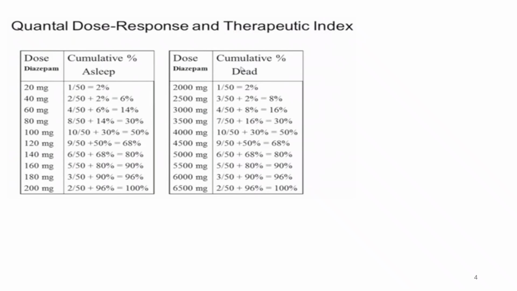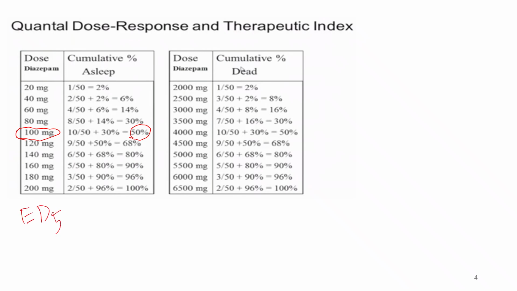So here is an example. When you see diazepam, by increasing the dose, we can see how many animals get sleep, because diazepam is a sedative medication. Around 50%, that is, 100 milligrams of diazepam produces sleep in 50% of animals. So that is our ED50.